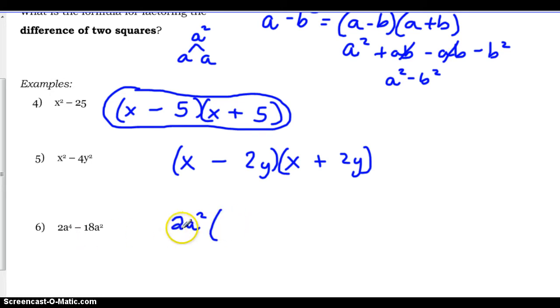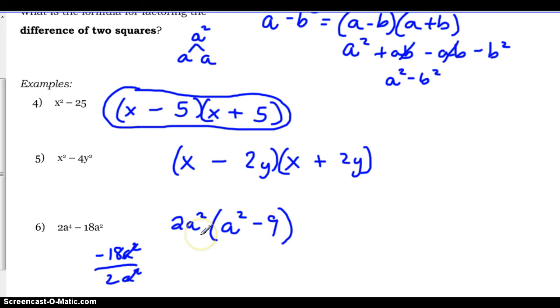If we divide 2a squared out from 2a to the 4th, we would get a squared. And if we divide 2a squared out from negative 18a squared, we'd have negative 18 divided by 2, which is negative 9, and a squared divided by a squared would be 1.